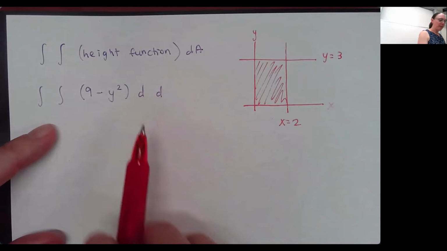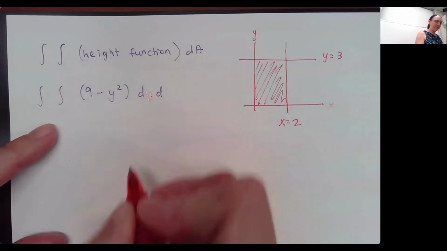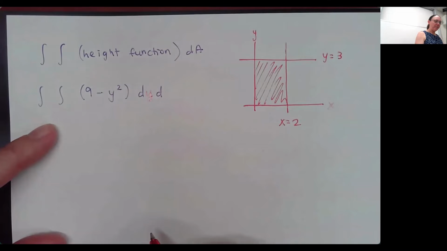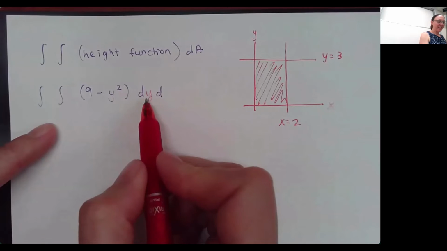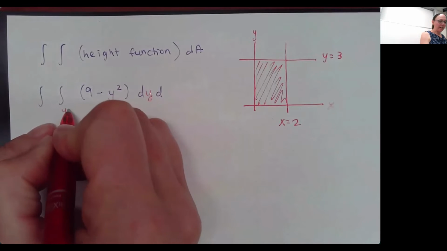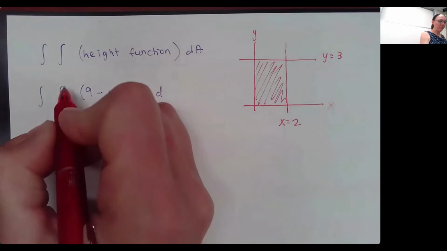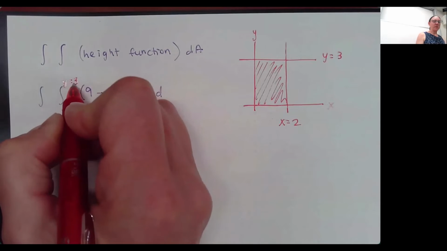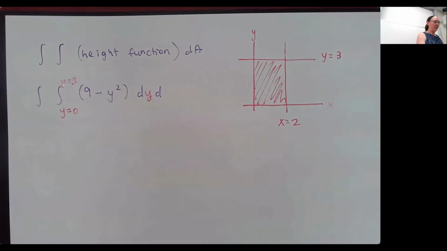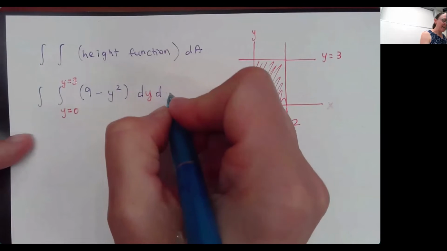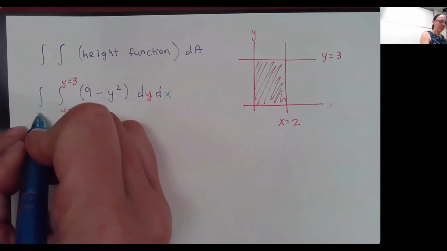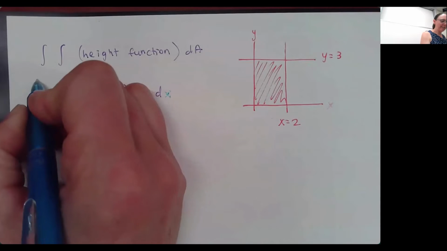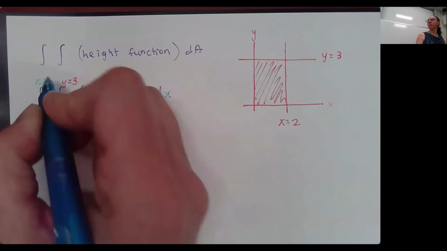So if I set this up with dy on the inside, then this has to be y equals 0 for the bottom, y equals 3 for the top. And then for my outer integral, if that's dx, then my left-hand side is x equals 0, and my right-hand side is x equals 2.